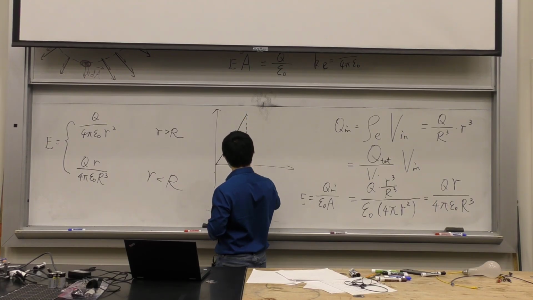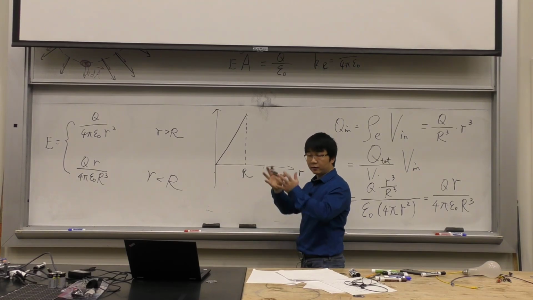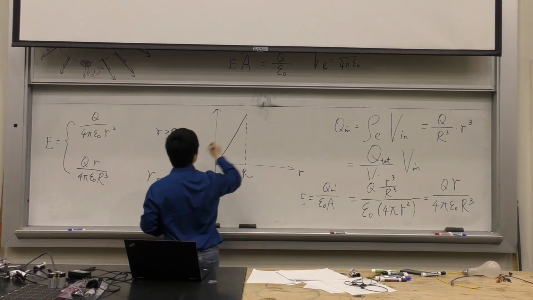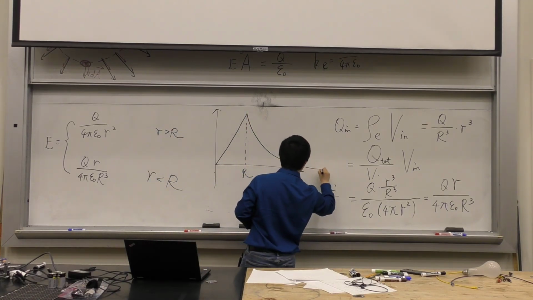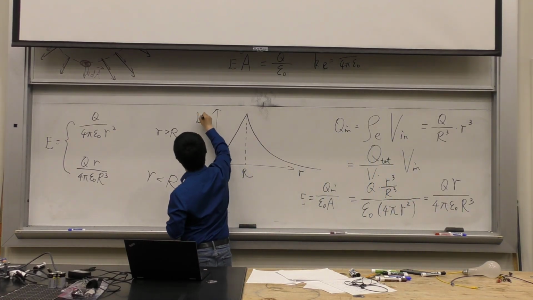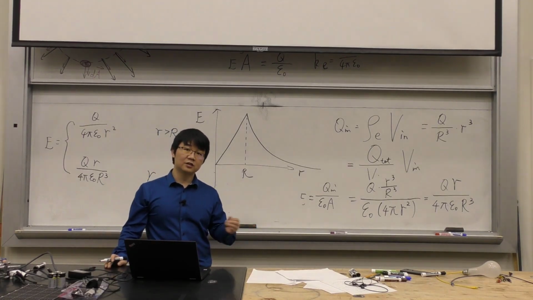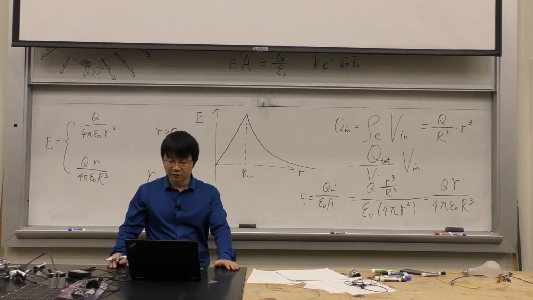Once it reaches the radius, the outer edge of this sphere, now it's going to decrease with r squared, out to infinity. So that's going to be the plot of the electric field created by the solid sphere at any point, inside or outside the sphere. Okay, so that's going to be our complete conclusion.